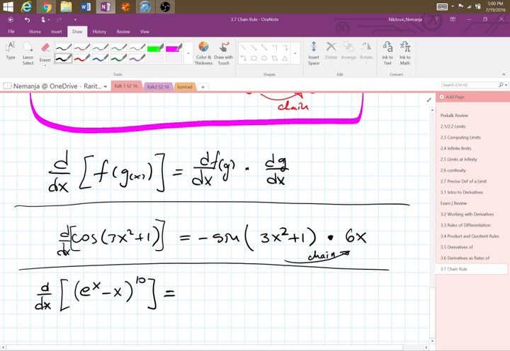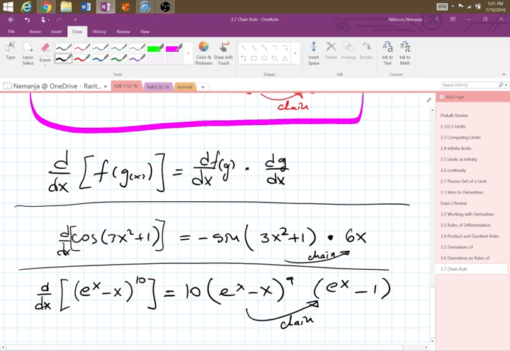What's the outside? X to the 10th. So what is the derivative of it? 10x to the 9th. So 10 something to the 9th. Now that something is our e to the x minus x. And then the derivative of e to the x minus x is e to the x minus 1. That's the chain.